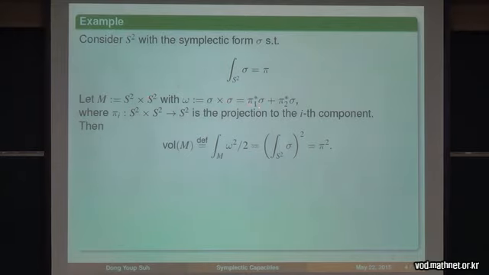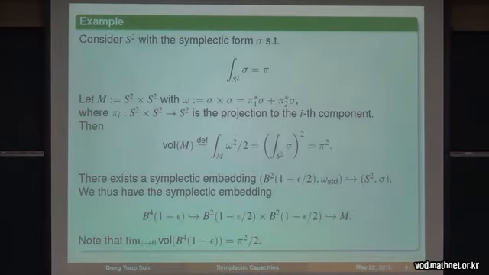It has to be a two form: the pullback of sigma under the projection to the first coordinate plus the pullback under the projection to the second coordinate. So this is a two form. And the volume of this manifold, by a standard computation, is pi squared. So this is the volume of S2 cross S2.